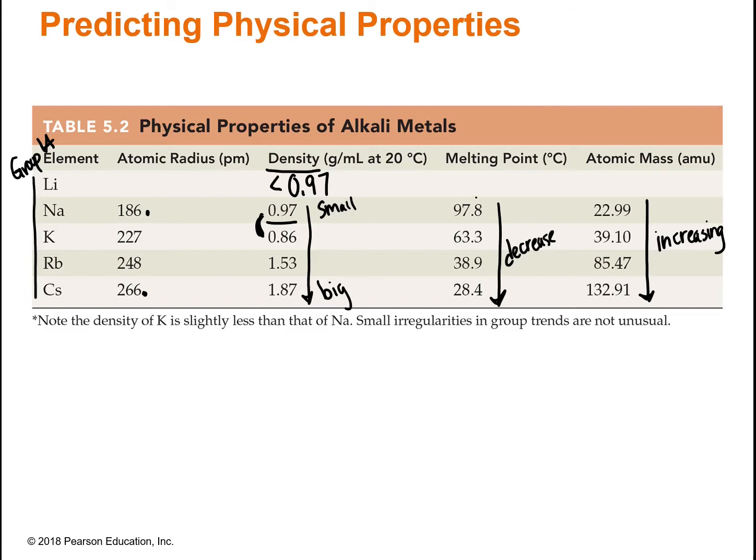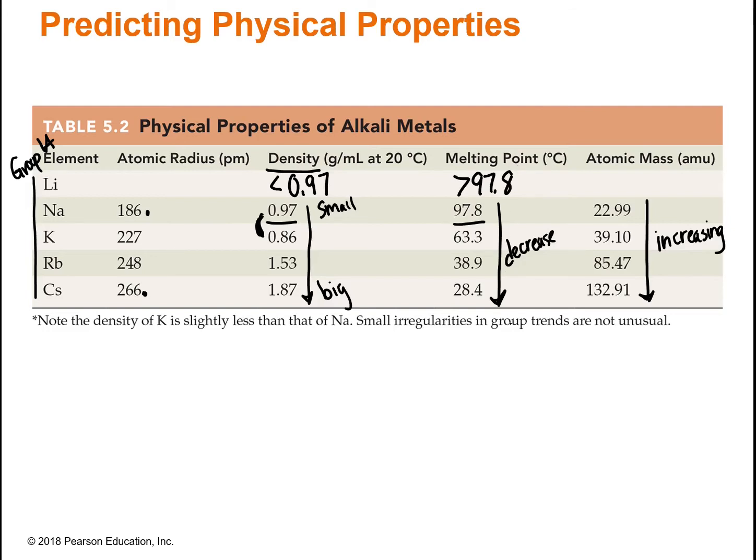What about the melting point for lithium? Do you think that it's going to be bigger or smaller than 97.8? It should be bigger because that's what our trend is.